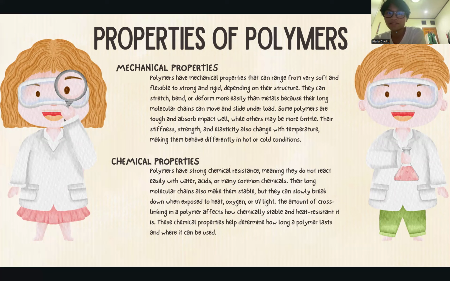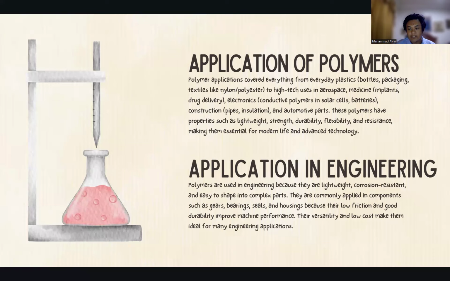In engineering, polymers are used because they are lightweight, corrosion resistant, and easy to shape into complex parts. They are commonly applied in components such as gears, bearings, seals, and housings because their low friction and good durability improve machine performance. Their versatility and low cost make them ideal for many engineering applications.